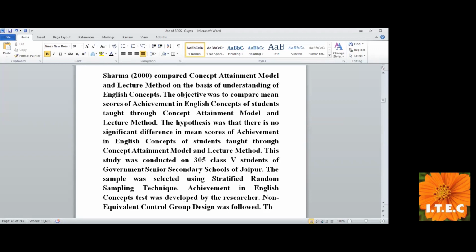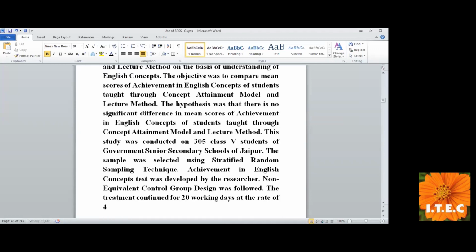And then you can say the treatment continued for 20 working days at the rate of 45 minutes per day.